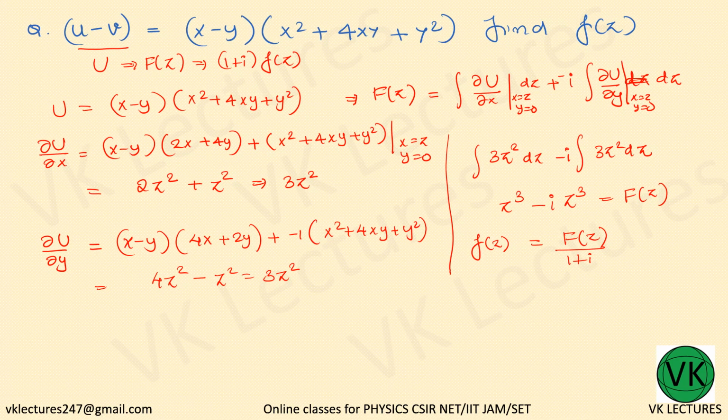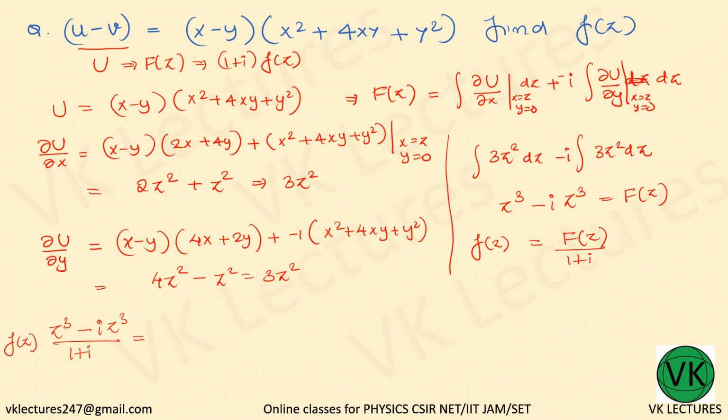Okay, so this one can be written as f(z) is equal to z³ minus i times z³, divided by 1 plus i.